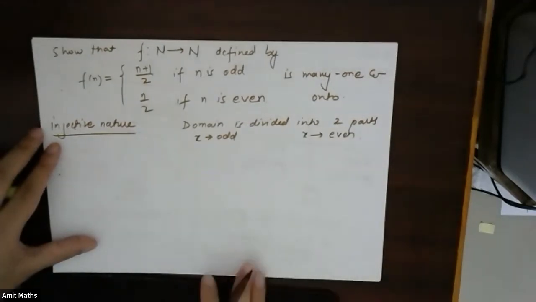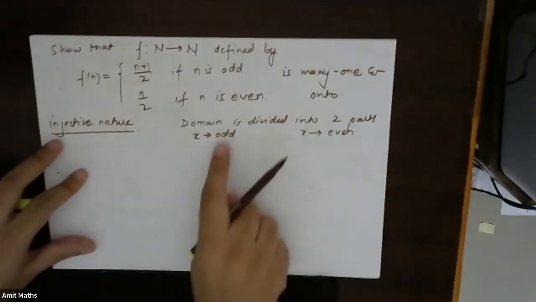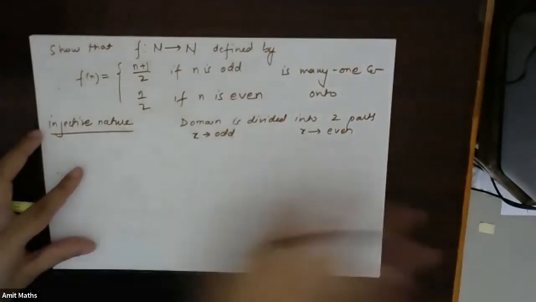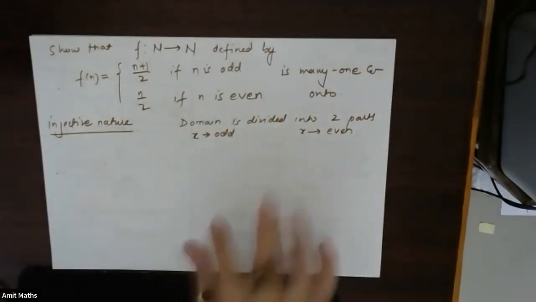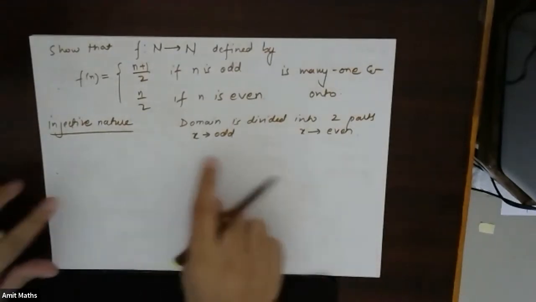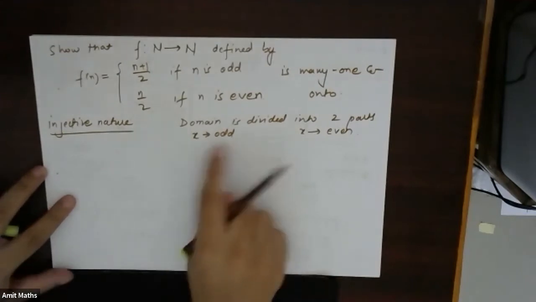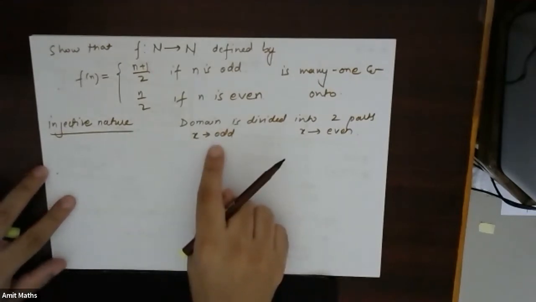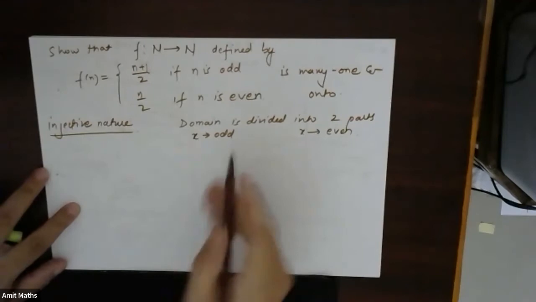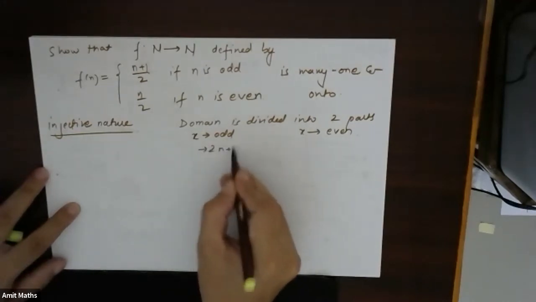Now it is very important for you to always remember how to write this. In any question in maths, or even in physics or chemistry, if they say that x is a number which is odd, then you can always take x in the form of 2n plus 1.